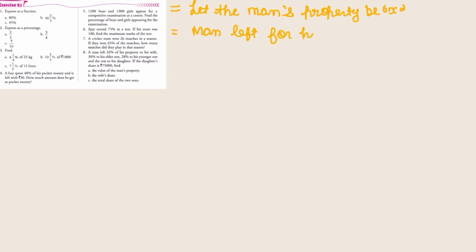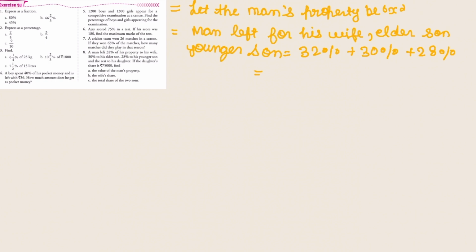The man left his property for his wife, elder son, and younger son: 32% plus 30% plus 28% is equal to 90%. And the daughter's share is equal to 75,000.